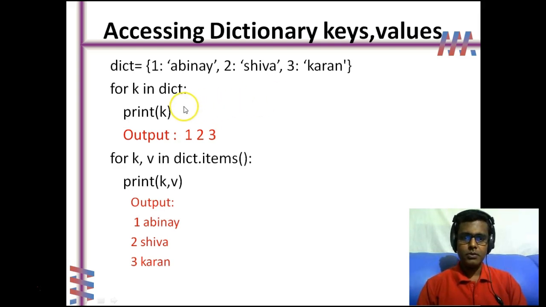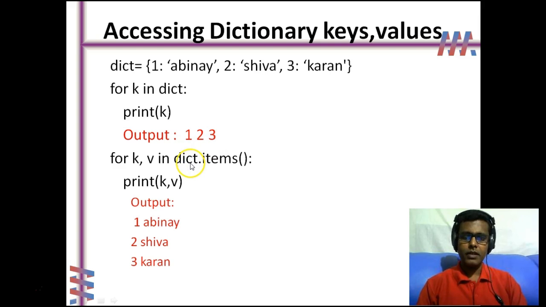Here I am trying to print the roll numbers alone, with the help of the key. I will write the code like this: for k in dictionary, then colon, that is the standard syntax of the for loop. Then I give the print statement, print k. This variable k automatically refers to the keys whenever I specify this dictionary. So when I print k, your output will be 1, 2, 3.